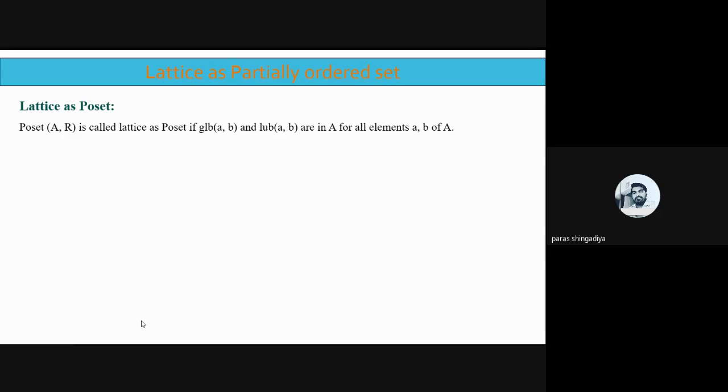Okay, good. So next topic is the definition of lattice as a poset. Okay, lattice as a poset, not only poset, we'll consider the lattice as a poset. Means we'll define now definition of lattices, okay, based on the partially ordered set. So first, (A, R) would be the poset, okay. A is any set, R is any relation.